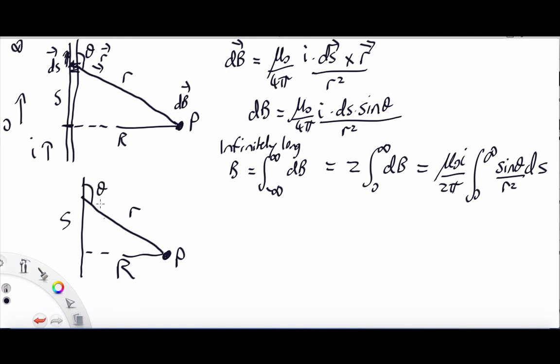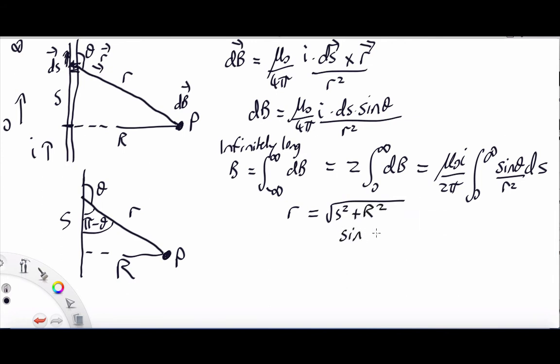Now that is theta. So that means this angle inside is 180 minus theta, but in radians, that is pi minus theta. So we can say that r, which is the hypotenuse, is the square root of s squared plus R squared.